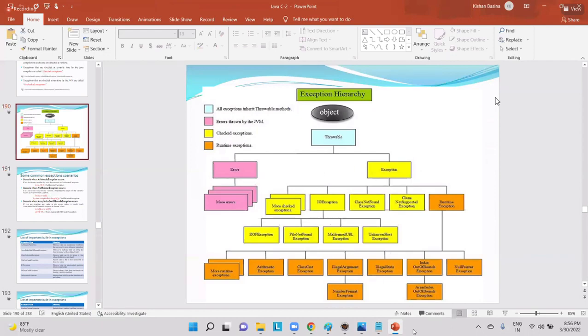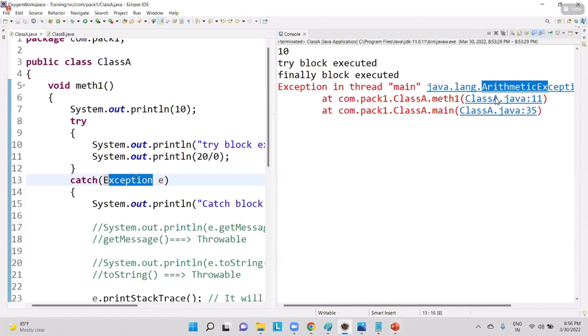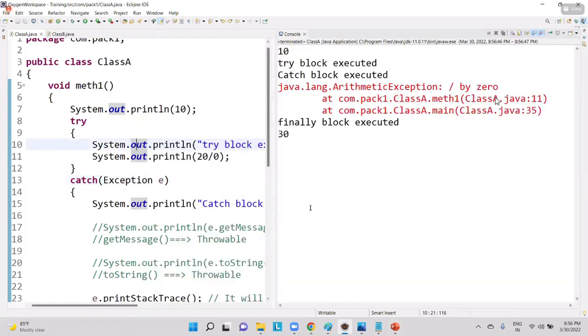If you write exception here, every exception will be handled. No trouble at all. But a good programmer always tries to handle whatever exception is raised in his program, so that he will understand, okay, at this particular line, we may get a null pointer exception. At this particular line, we may get an arithmetic exception, like that.